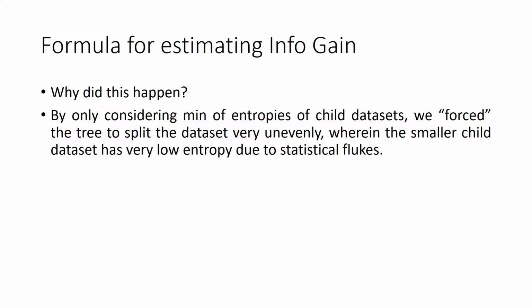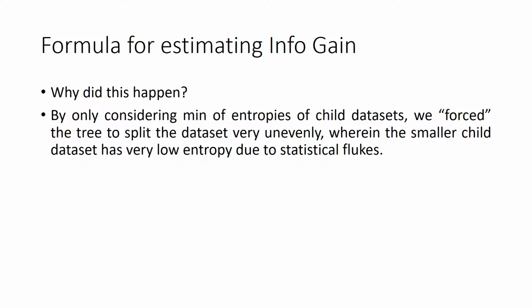One particular data set had only 2 records, and the other one had 999,998 records, right? So it's a very uneven split. And the smaller data set naturally had very low entropy because it had very few records. In fact, if it had been 1 record, then by definition, 1 record will only have 0 entropy. But that's why I took the example of 2 records in this case.